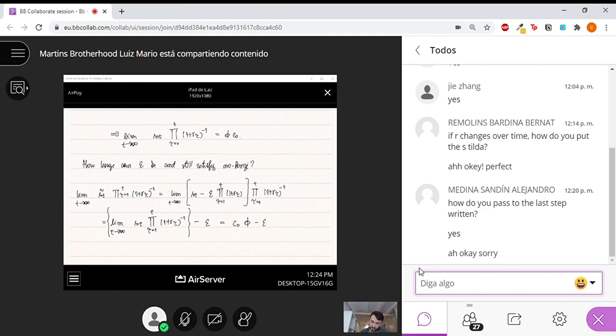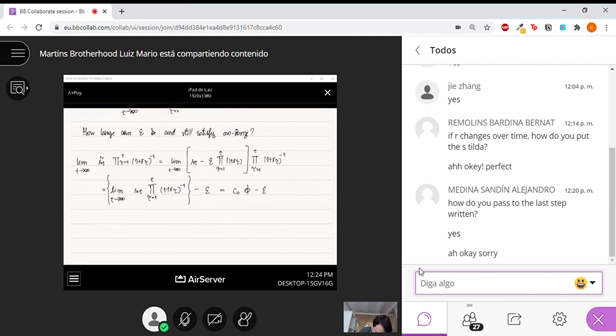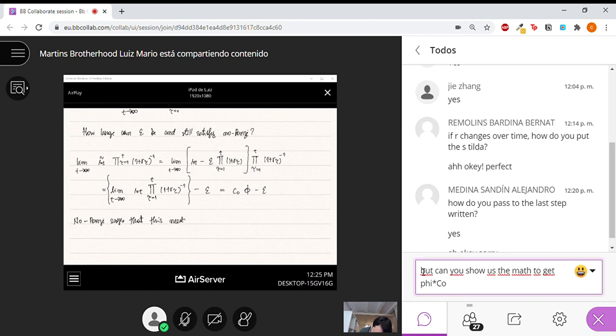Okay, so the no Ponzi condition says that this needs to be greater or equal to 0. So we put a greater or equal to 0 here.